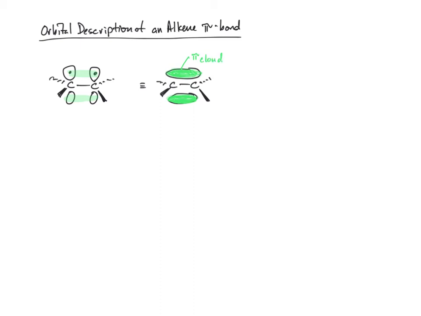So again, when we talk about forming a bond, there's always the bonding orbital and then there's the antibonding orbital. So what does a pi antibonding orbital look like? And again, this is a region where there is no electron density, but it still exists because it's used when you're forming bonds to the alkene.